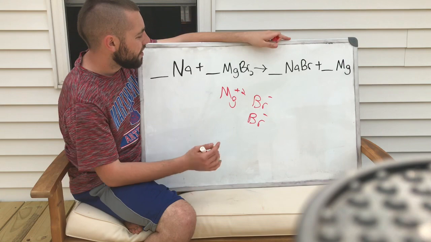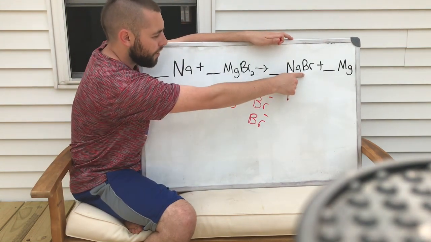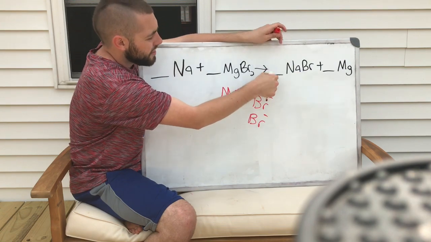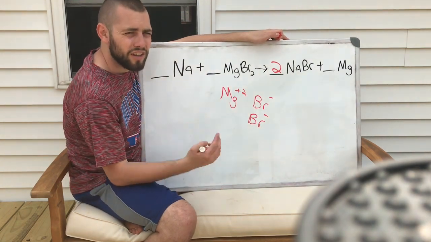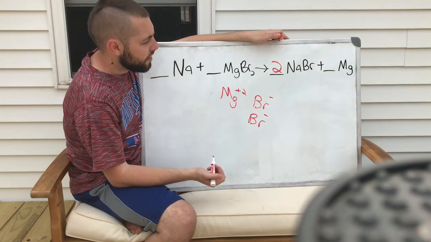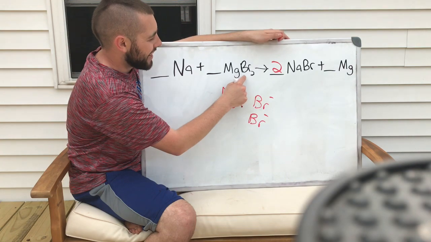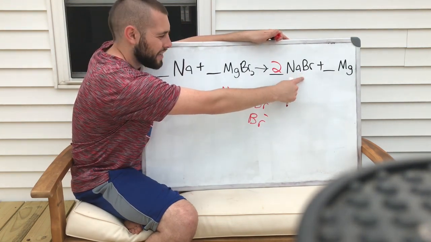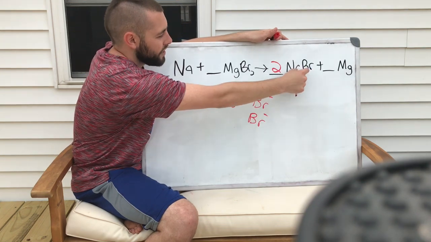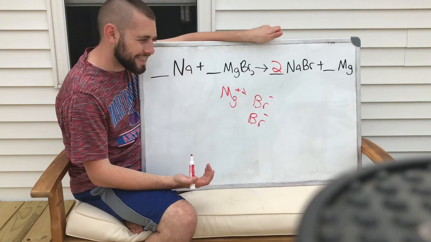So, on the reactant side, I've got 2 bromines. On the product side, I've only got 1. So on this blank right here, I'm going to put a coefficient of 2. This way, I've got 2 bromines on the reactant side and 2 bromines on the product side. 2 times 1 is 2. But now I made something else unbalanced.